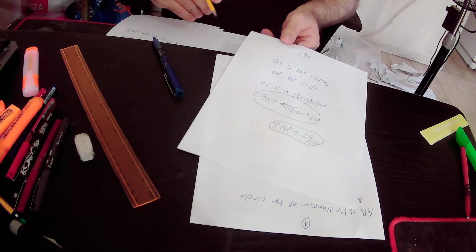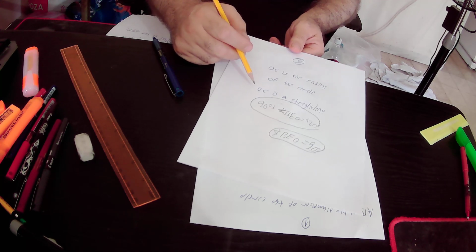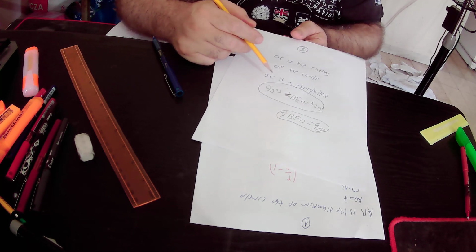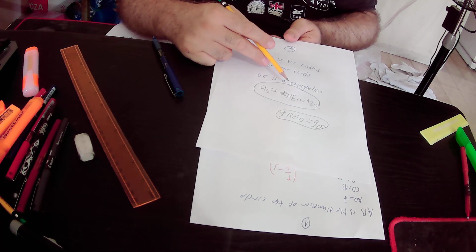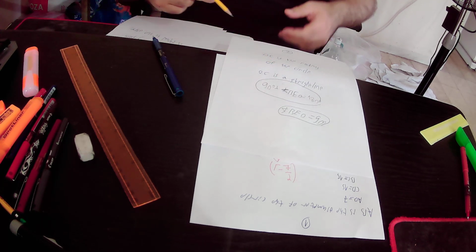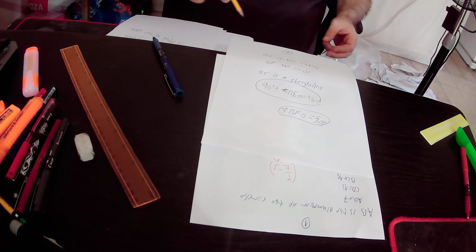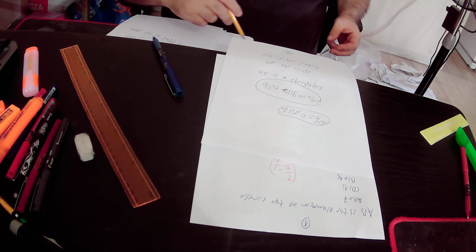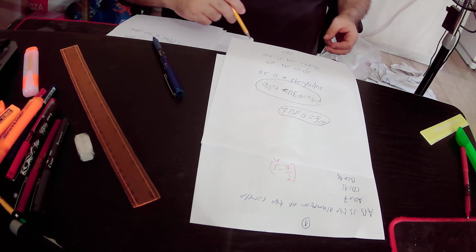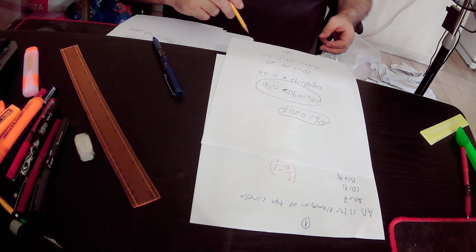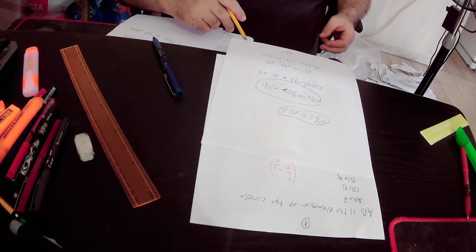Again, 90 degrees plus angle BEO must be equal to 180 degrees, because if we look at any certain point, the sum of the angles along the straight line must be equal to 180 degrees.